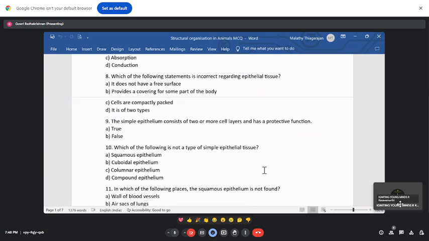And the other end faces outward or inside a hollow vessel. The other side of the cell is a free surface. So the first option, A, is the incorrect statement regarding epithelial tissue.